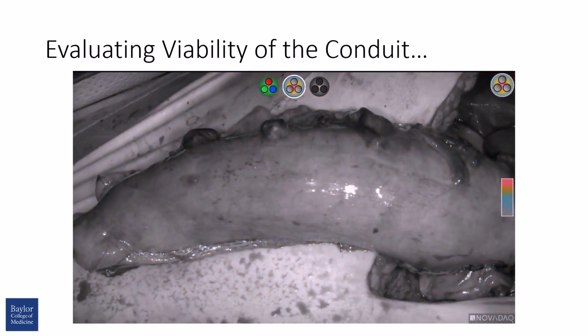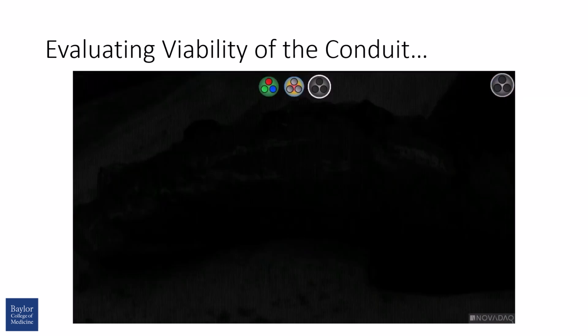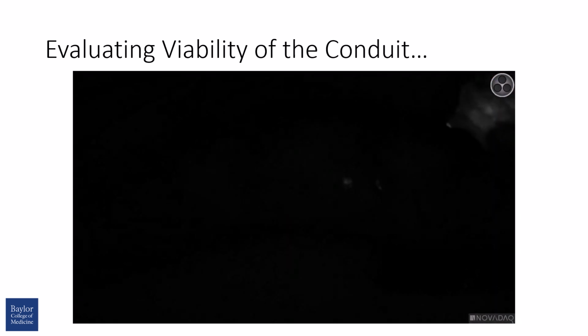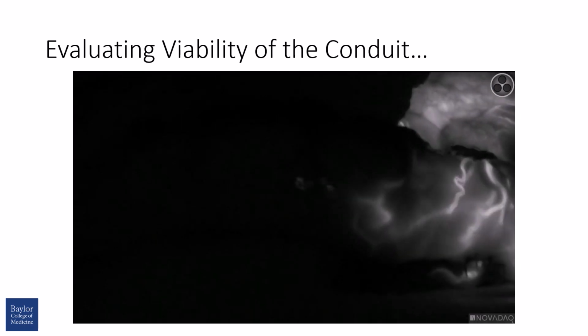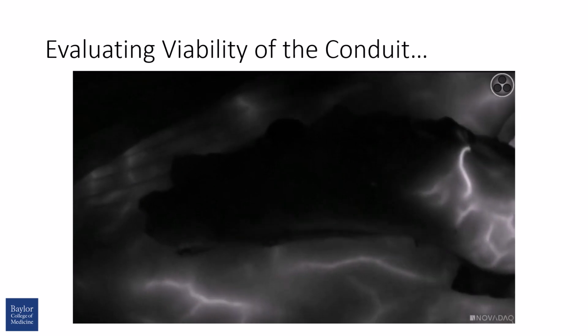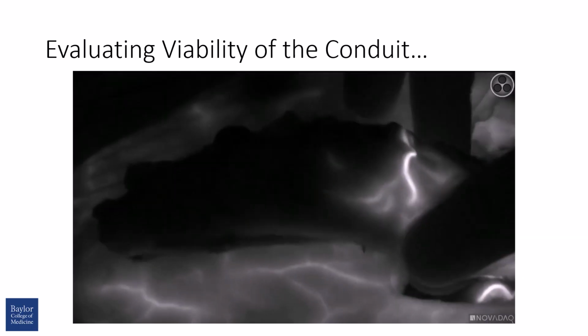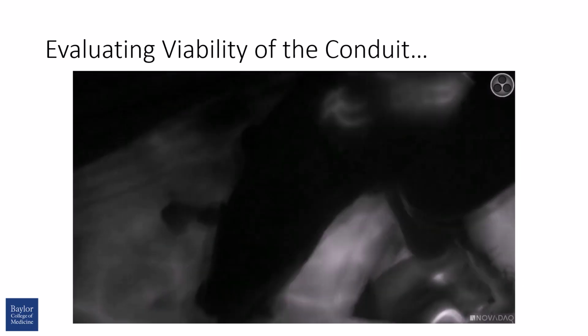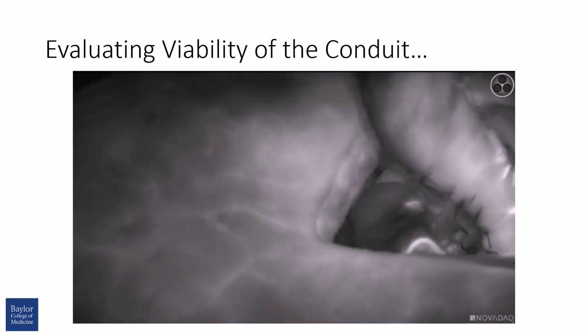This is another way to evaluate the viability of the conduit. In this circumstance, we used ICG that was injected 3 to 6 cc's into the central venous catheter, and then used the SPY system if it's open, or PinPoint or robotic system to view in a minimally invasive approach.